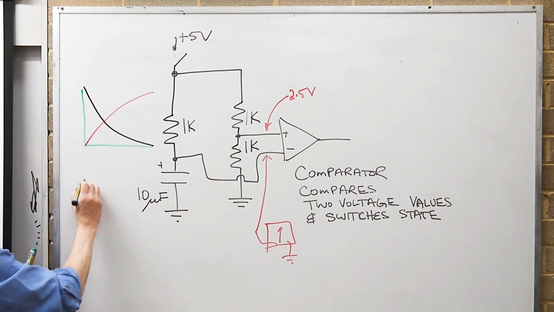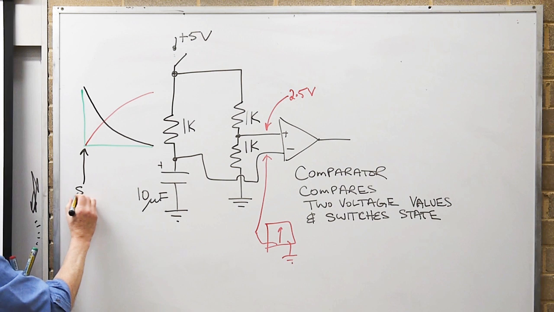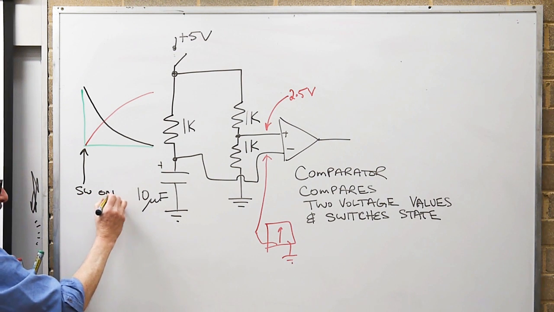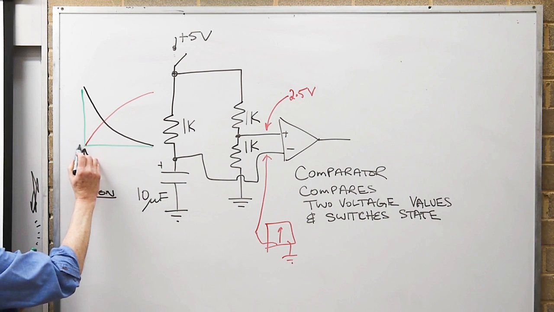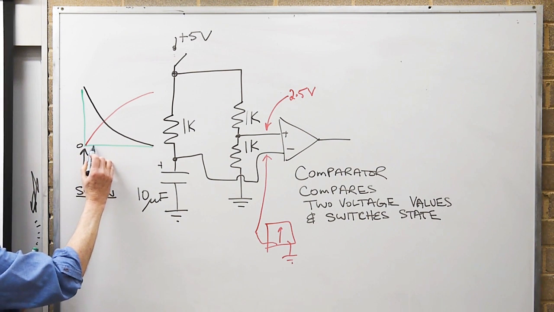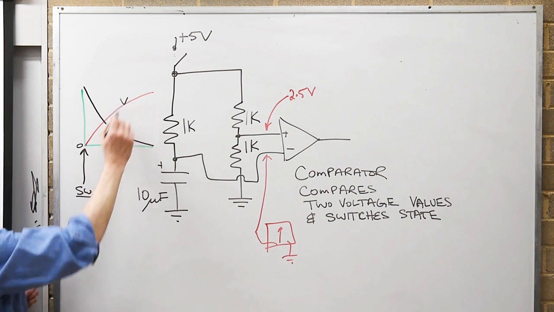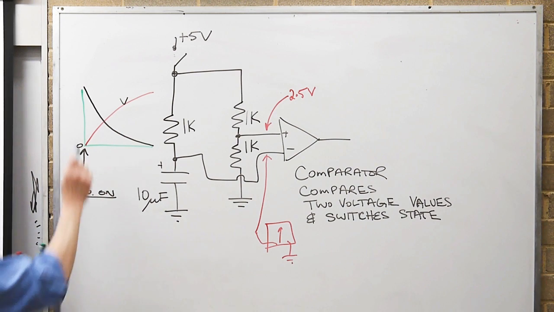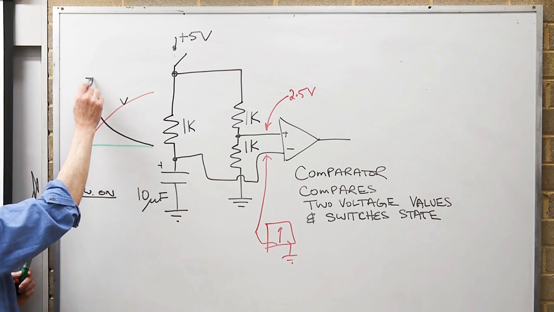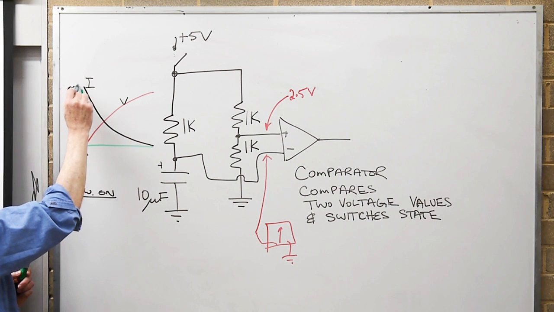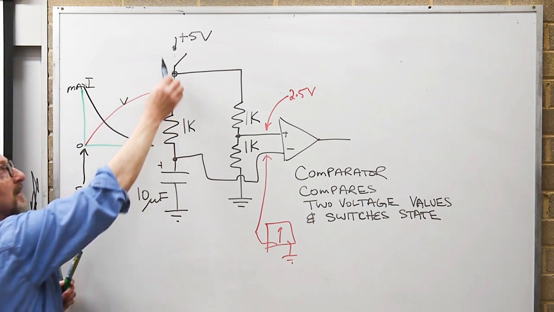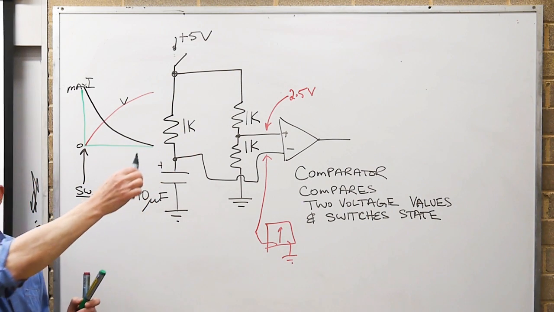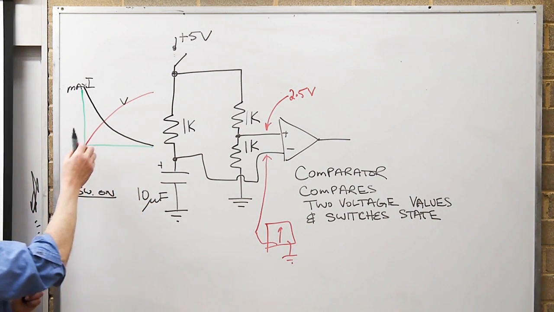So at instantaneous, this is switch on. The moment of switch on, I've got absolutely 0 volts. This is voltage across the capacitor plates, and I've got current maximum. And the current there, you could work out, it'd be 5 volts divided by 1K, 5 milliamps.